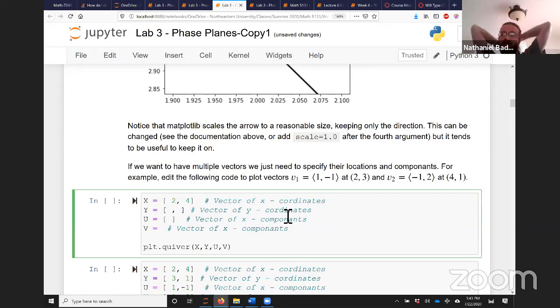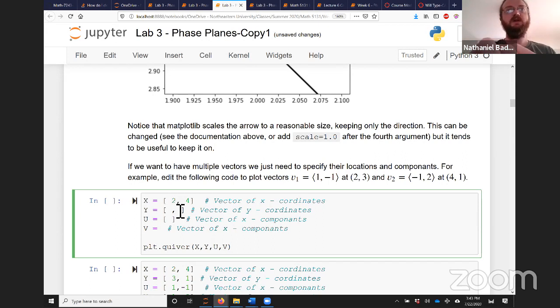The next thing we want to do is plot multiple vectors at once. This is pretty straightforward. Just like our normal plotting with Matplotlib, we supply all of the x coordinates in one call, all of the y coordinates in another, all of the u components and all of the v components.